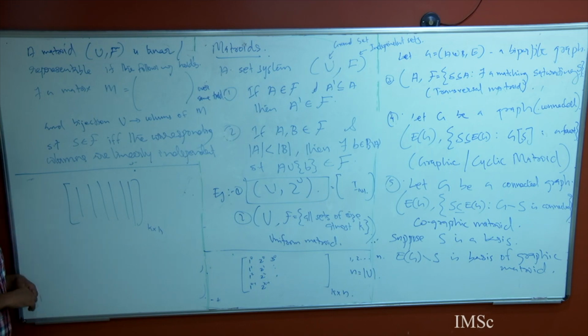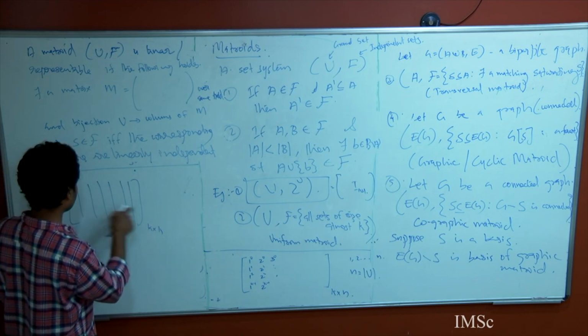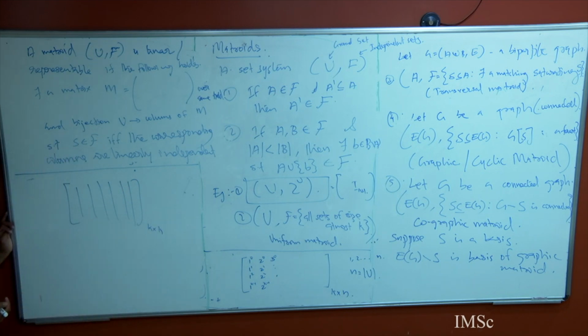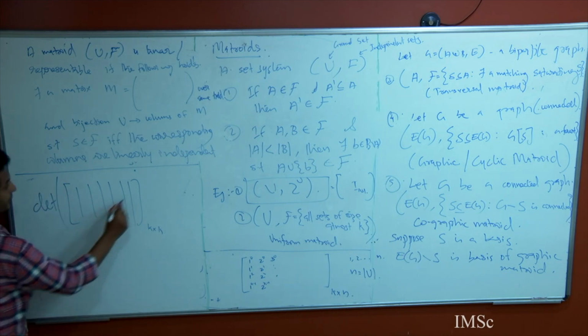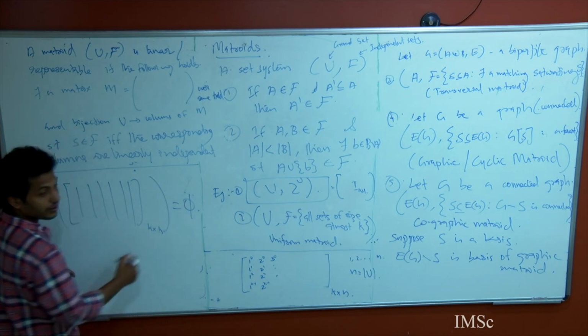Its rows are also linearly independent, because column rank equals row rank. And what do you know about the determinant? If this is full rank, then the determinant of this will be non-zero, right?